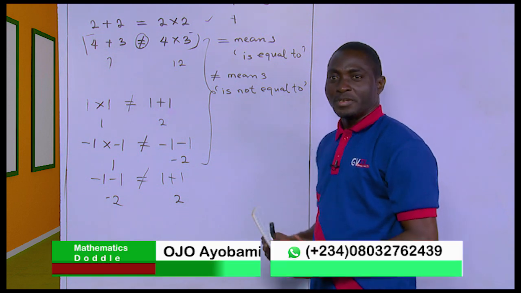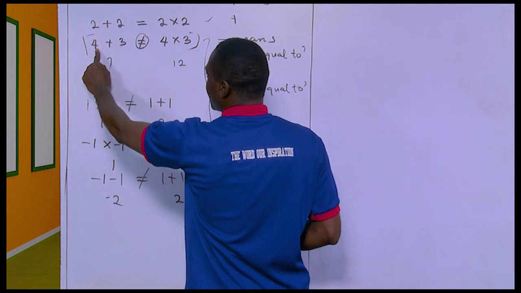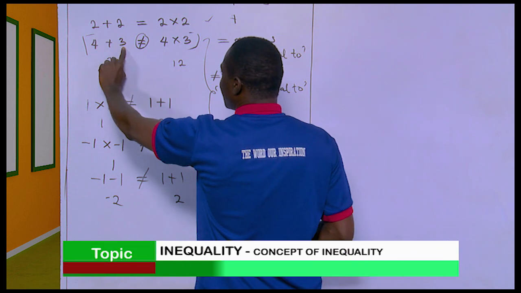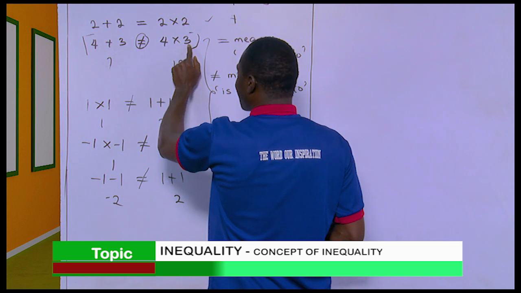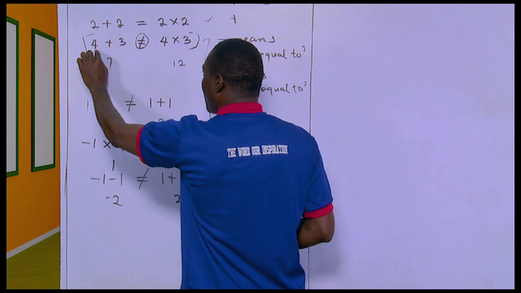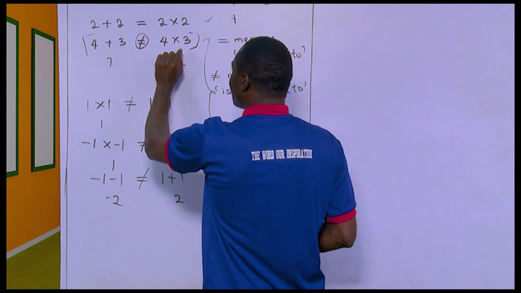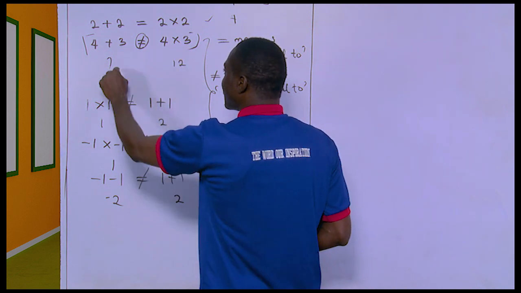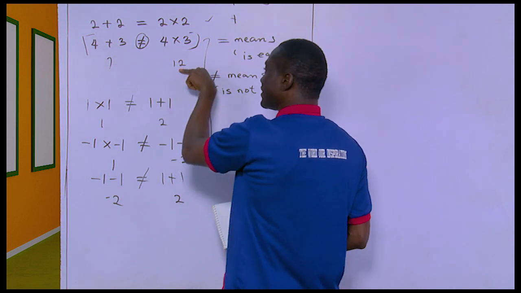I hope you are with me. Likewise, 4 plus 3 is not equal to 4 multiplied by 3. That is, the value of 4 plus 3 is not equal to the value of the product of 4 and 3. Why? Because 7 is lower in value than 12.